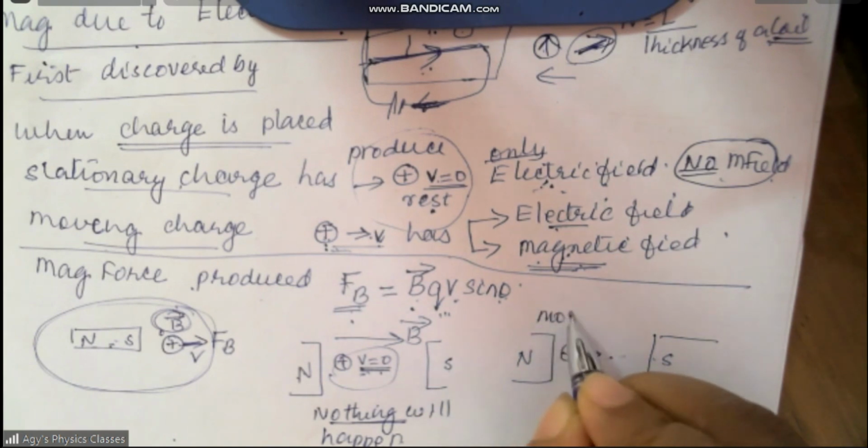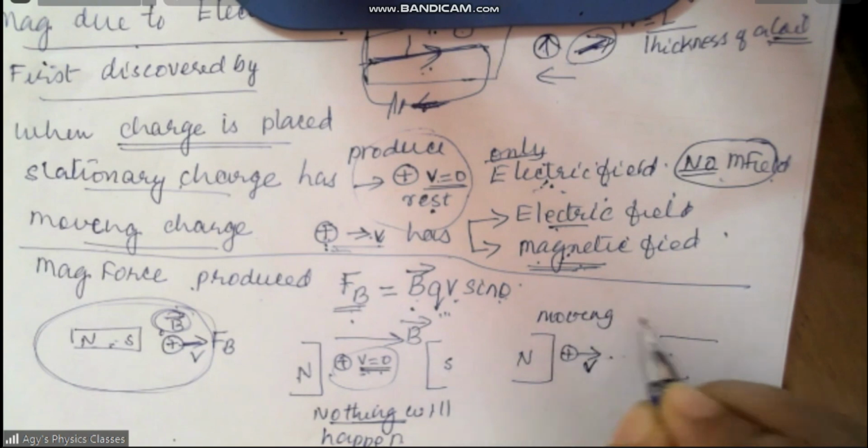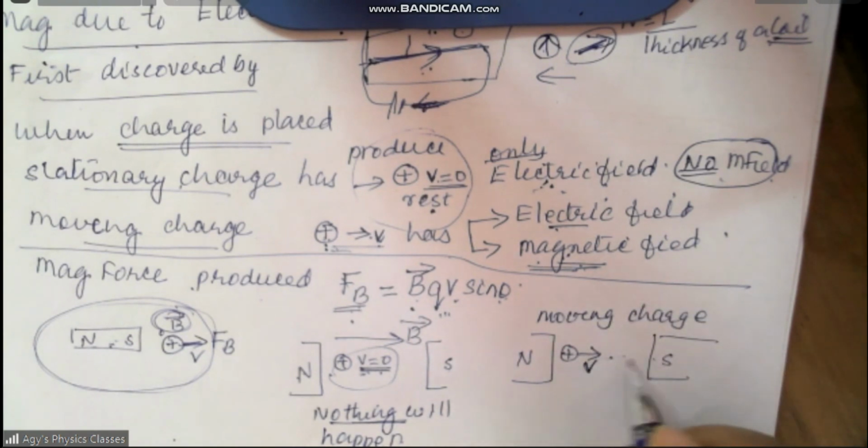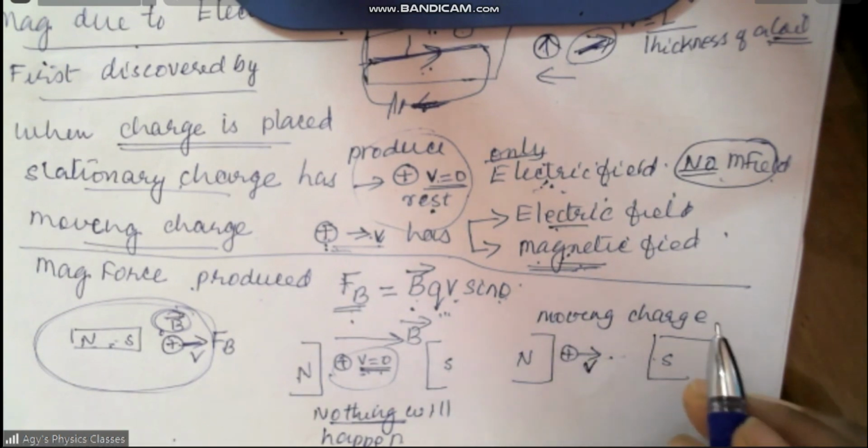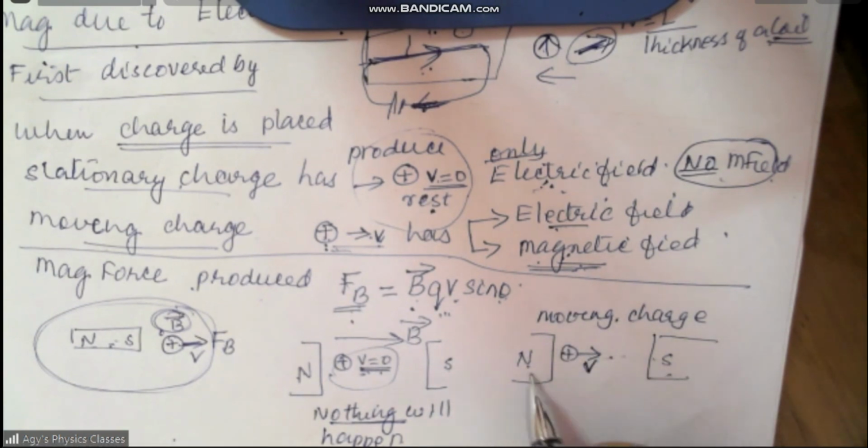This is a moving charge placed in an external magnetic field. What do you mean by external magnetic field? This magnetic field is created by these two poles. This magnetic field is produced by the magnet, so it is called the external magnetic field.